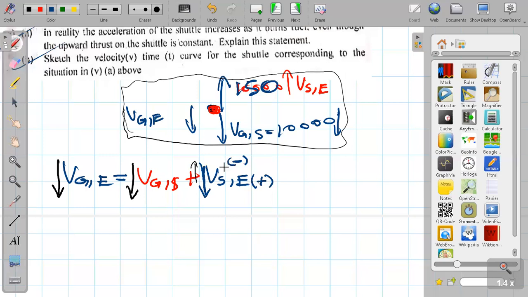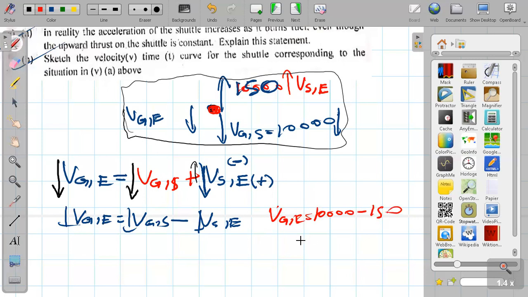So this whole equation is going to be negative, downwards. So my final answer is 10,000 minus 150, which is 9,850 meters per second, downwards.